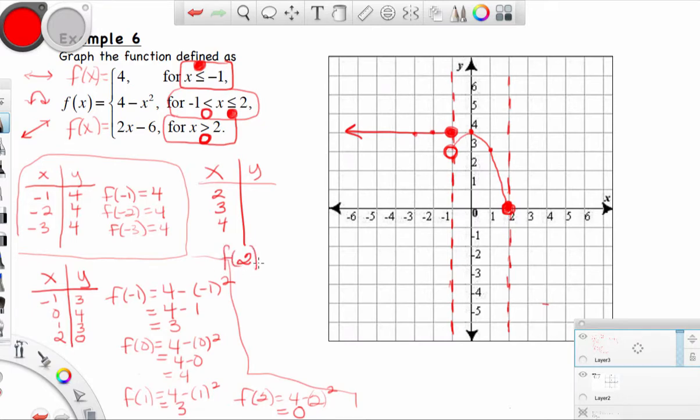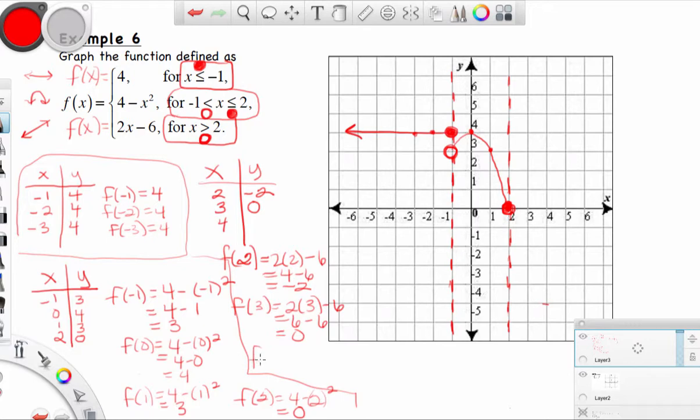So we have f of 2 equals 2 times 2 minus 6, which is 4 minus 6, which is -2. And then we have f of 3 is 2 times 3 minus 6, which is 6 minus 6, and that's 0.